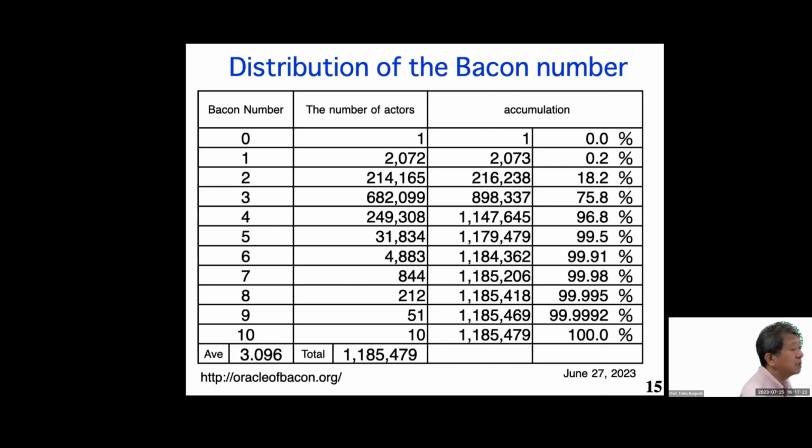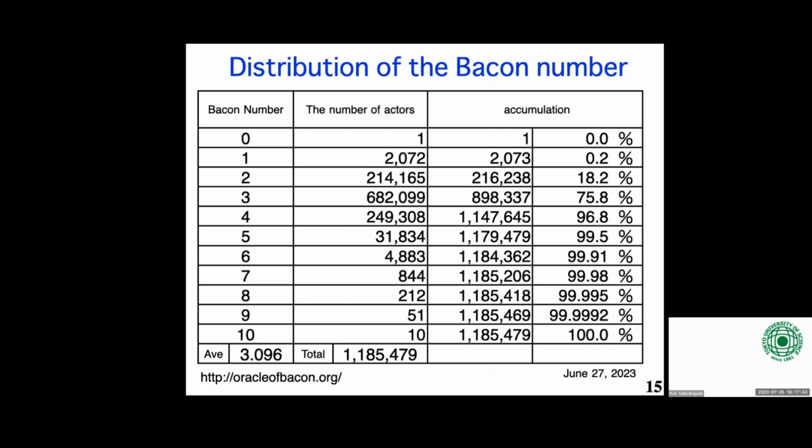Next, we can see that there are 2,072 actors whose Bacon number is 1. The number of actors with Bacon number up to 1 is 2,073, including Kevin Bacon, whose Bacon number is 0.